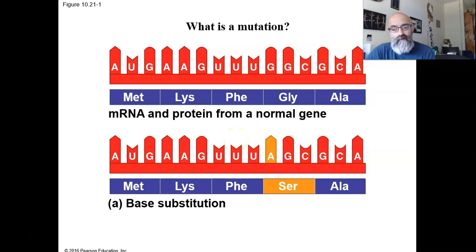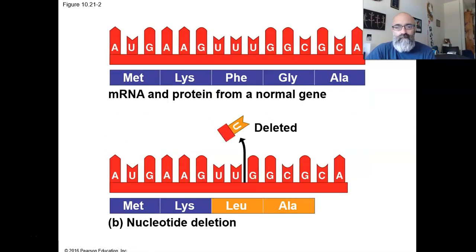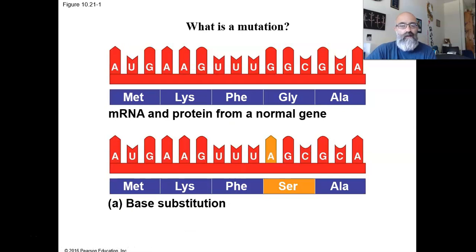Okay, so that's a mutation, where we're changing the sequence in the DNA, therefore the mRNA, and then ultimately that changes the sequence of amino acids in the protein. Okay, so this we call a substitution. Same number of bases in the end, but one of them is swapped for the other.